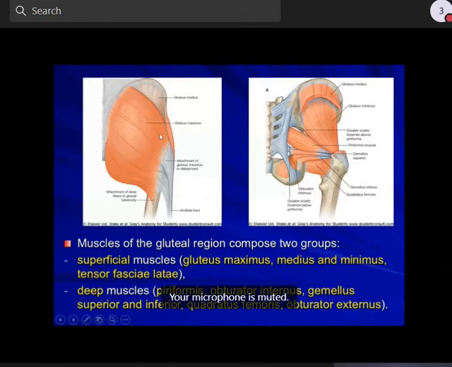Because of this, we can distinguish 2 completely different insertions. Insertion means distal attachment of the gluteus maximus. The bigger part ends on the iliotibial tract, while the deep inferior part ends in the gluteal tuberosity.